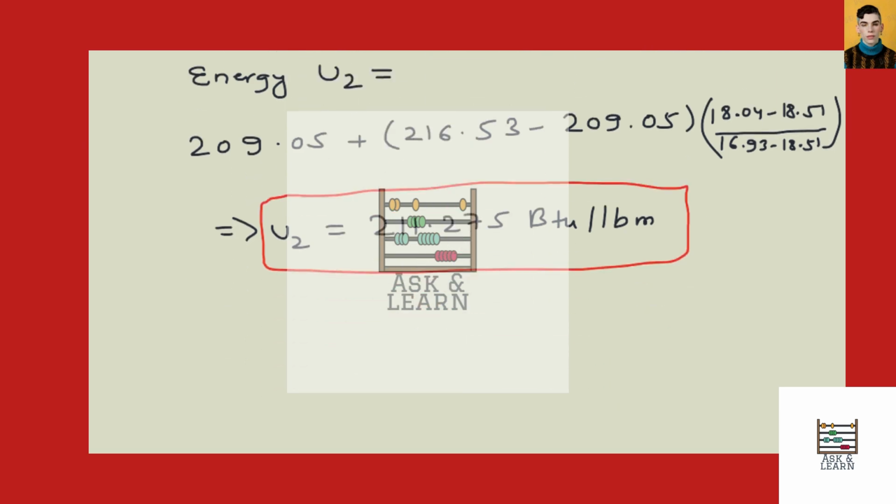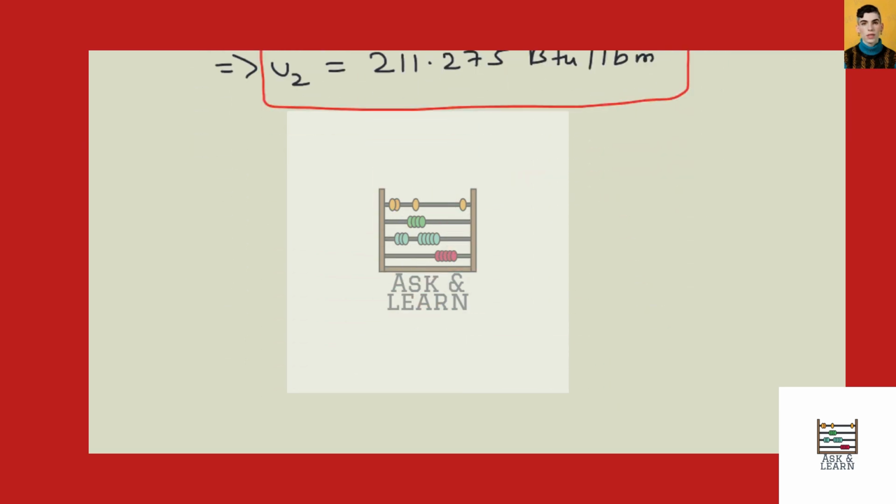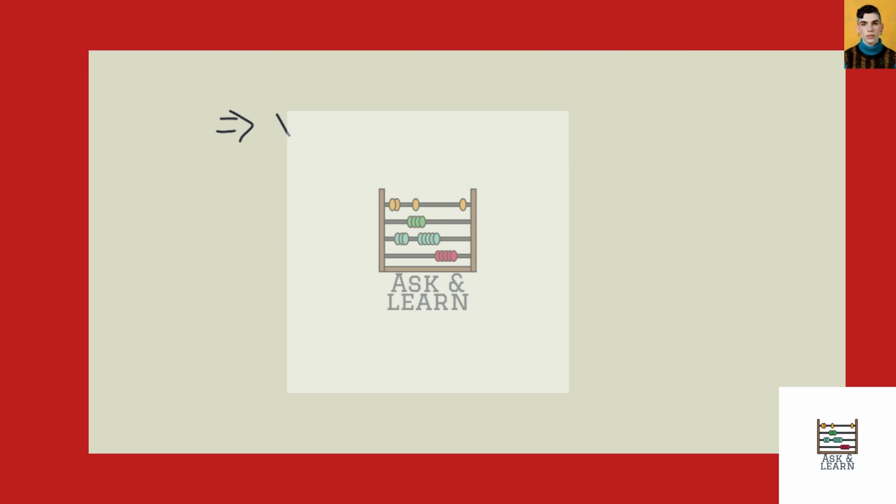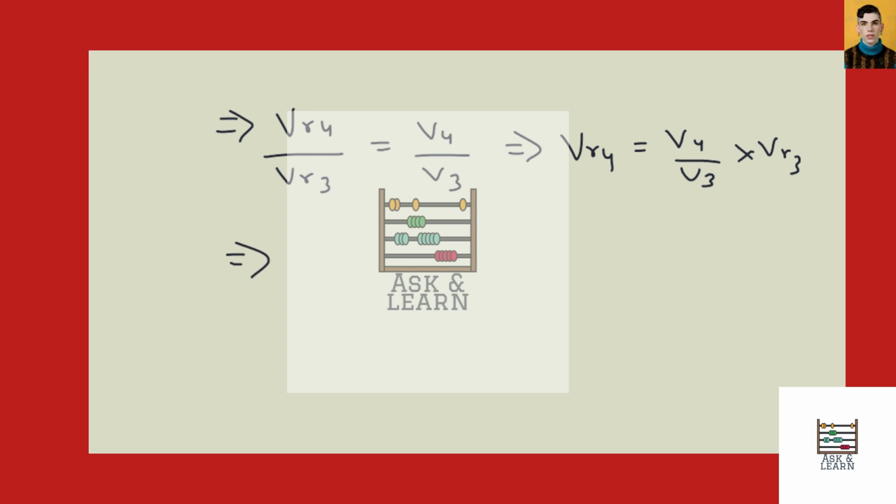Now we will solve the further values of this numerical. Applying the isentropic relation to process 3 to 4, VR4 by VR3 is equal to V4 by V3, or VR4 is equal to V4 by V3 into VR3.